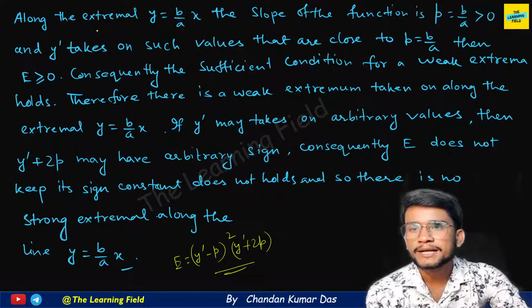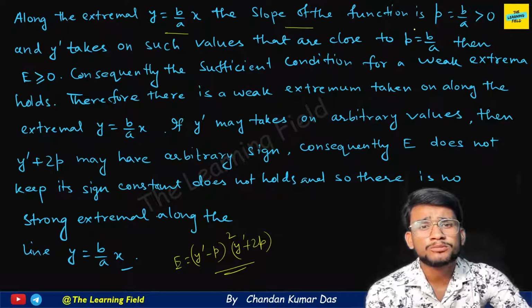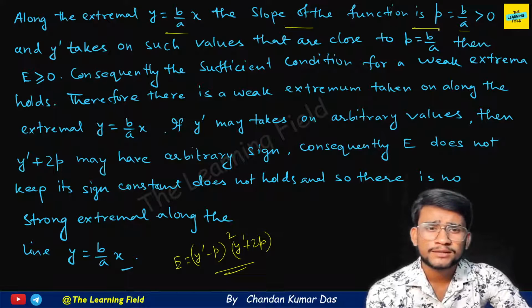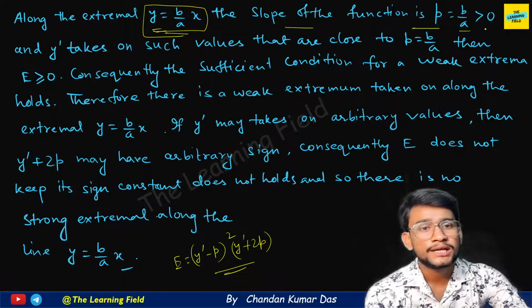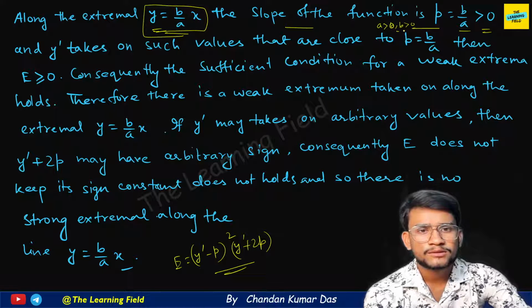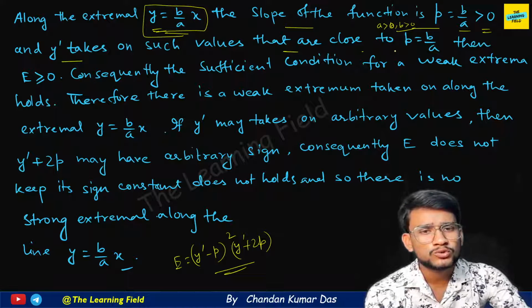Now it says that along the extremal y equal to b by a into x, the slope p is equal to b by a, because p equal to dy dx, which is equal to b by a, greater than 0, because it is given that a and b are greater than 0. That's why p is greater than 0, and y dash takes on values close to b by a.